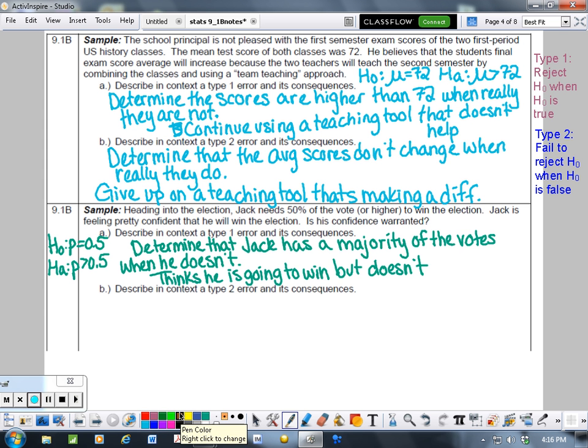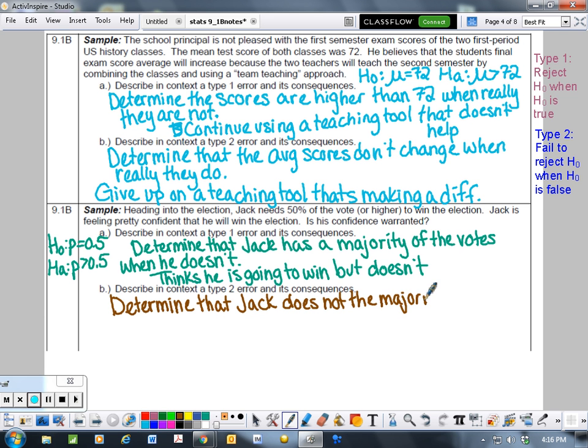Describe the context of type 2. So we fail to reject. So I fail to reject H0, which means I determine that Jack does not have a majority vote, when he really does.